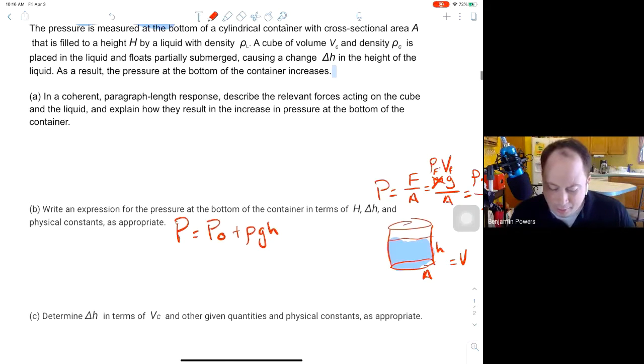So we're going to operate off this equation to determine the expression. The pressure at the bottom should just equal whatever starting pressure there was, the initial pressure, which is a constant, like the air pressure. So you can use that as a physical constant. And then we're going to add the rho of the liquid times G times the total height that we're dealing with.